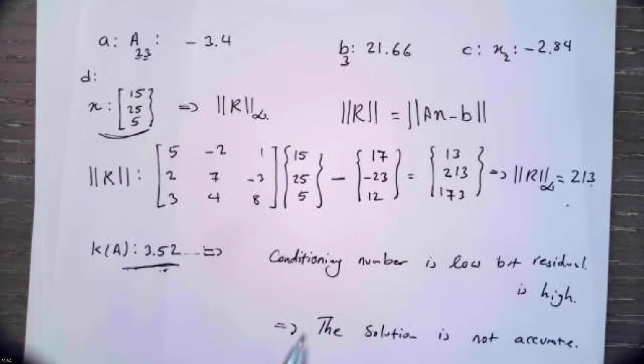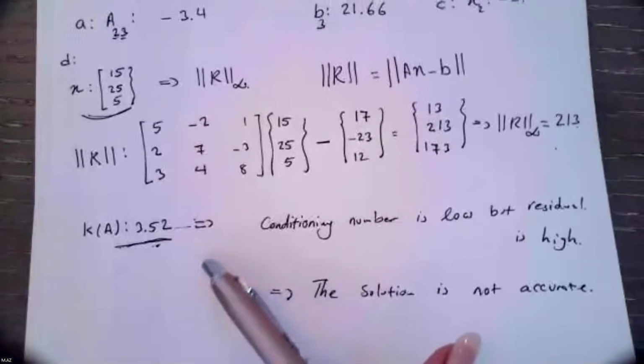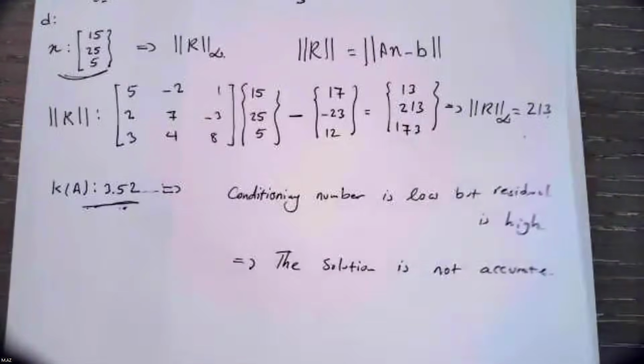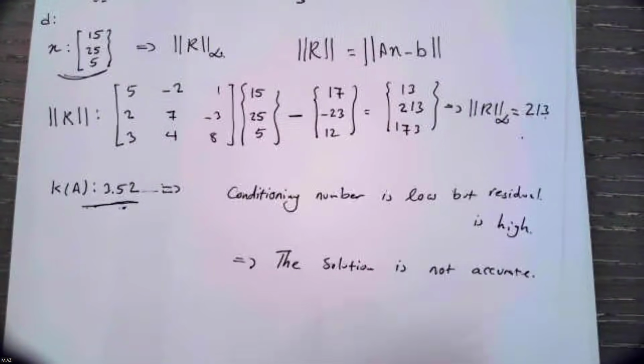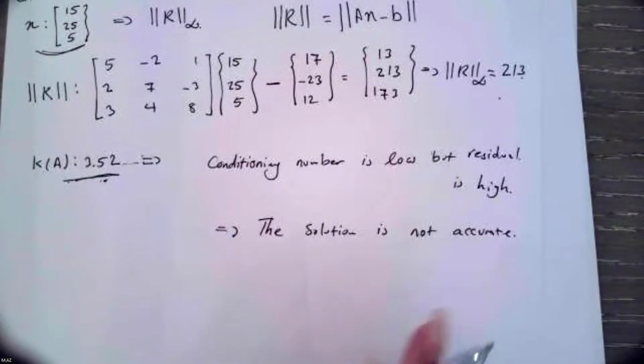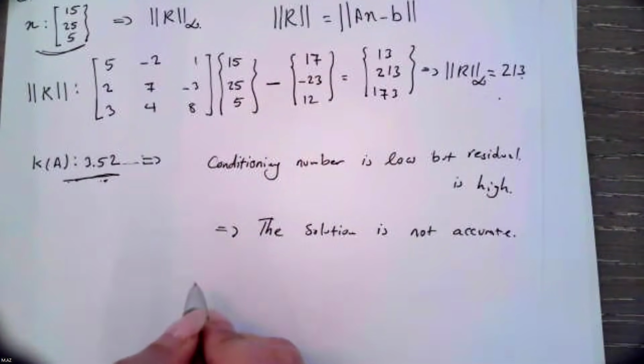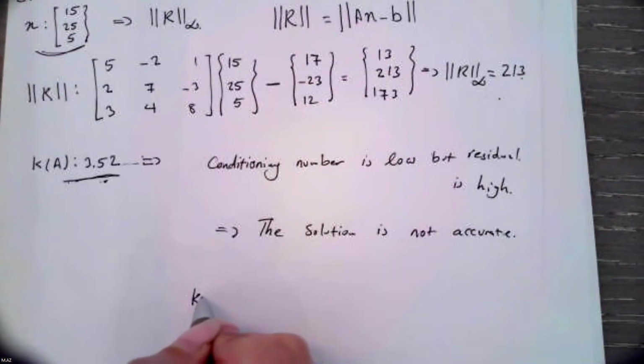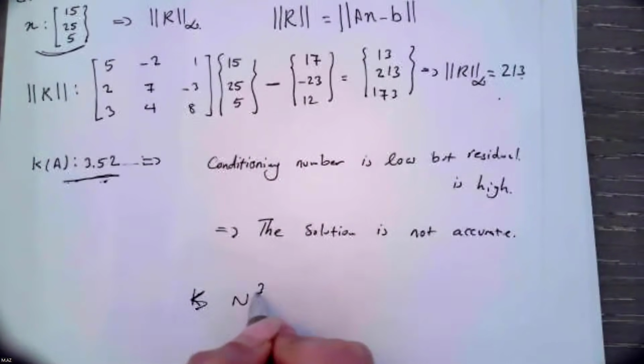And the last one is about the floating point operations for solving these problems. For solving the problems based on the Gauss elimination method, we have N cubed.